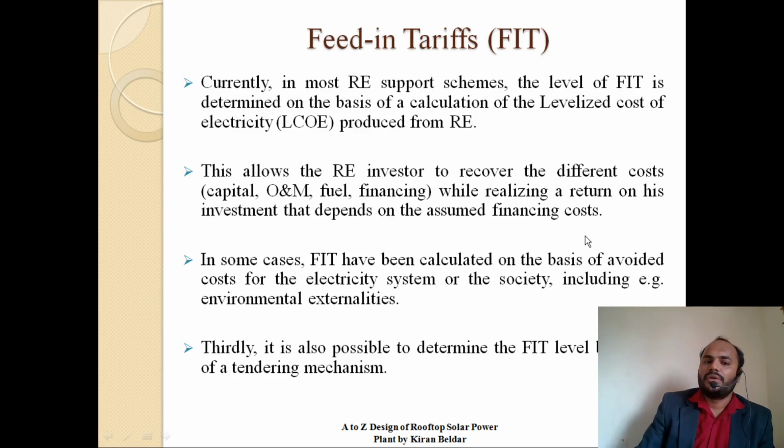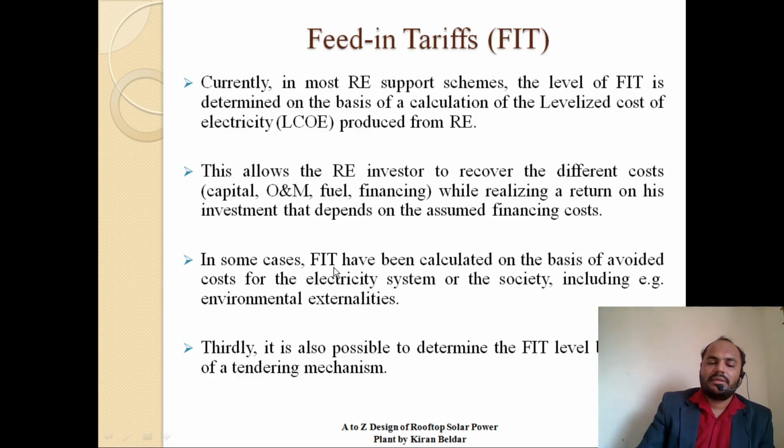Basically, any investor investing money in the solar system invests a particular amount, and after selling that energy he has to get some return on investment so that he can benefit. That is nothing but the OPEX model or the CAPEX model, we can say.